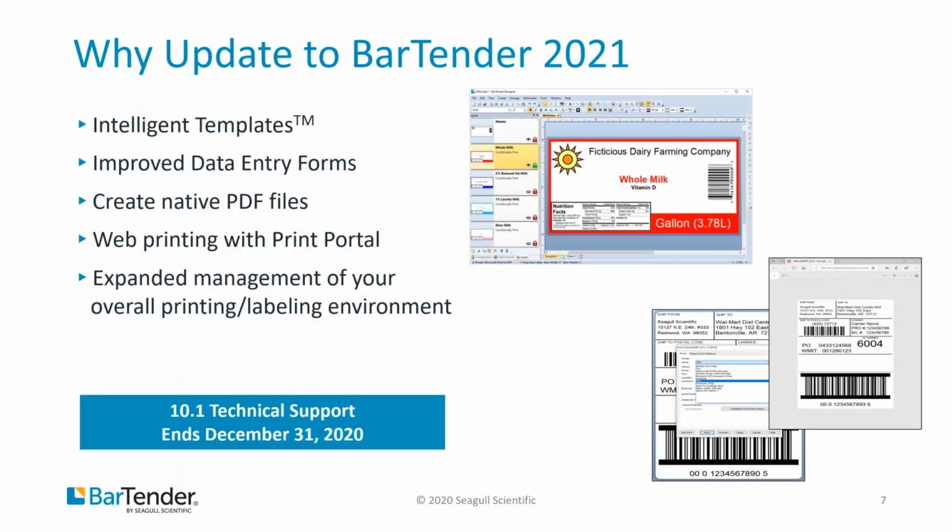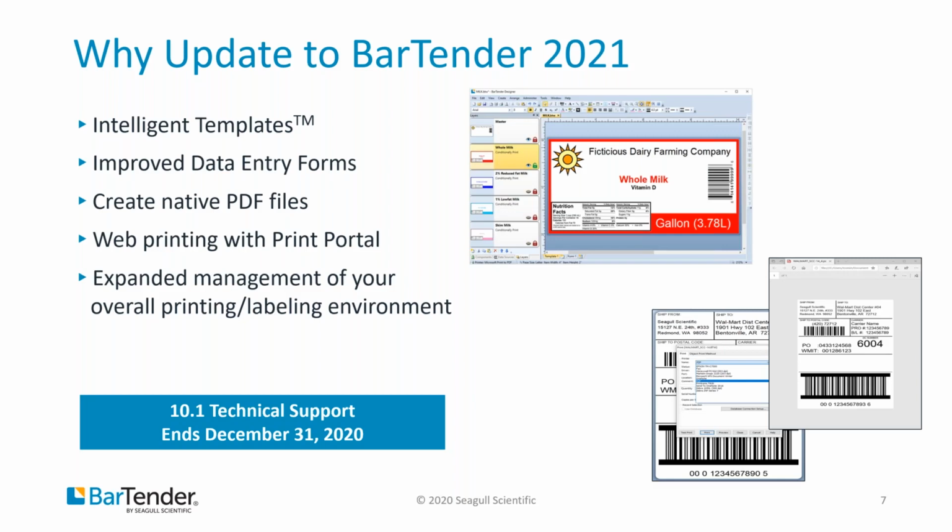Before we get started, let me quickly summarize why you should update to our latest software release, BarTender 2021. There are a couple of major reasons to update. First, 10.1 is end of life at the end of December 31st this year. After December 31st, you will no longer be able to get technical support for it.